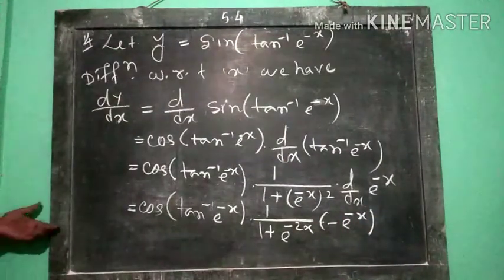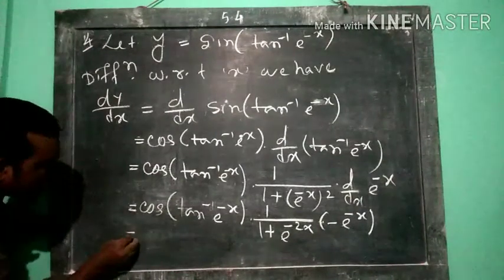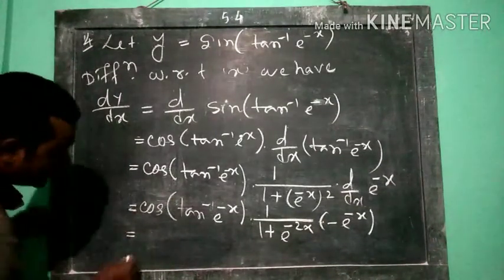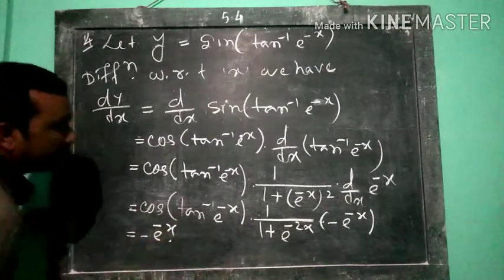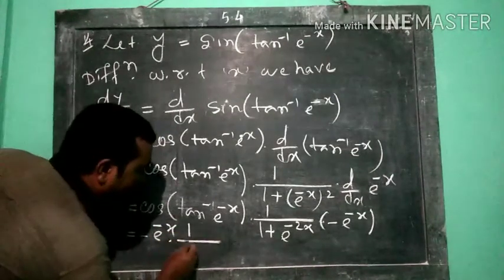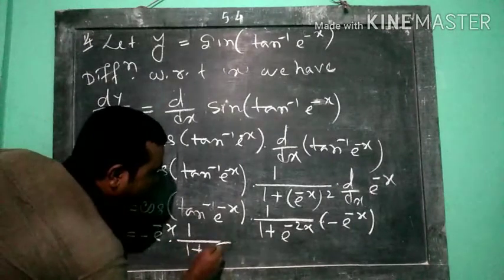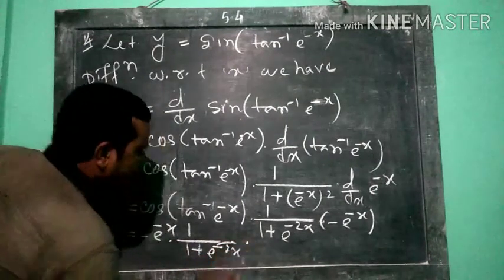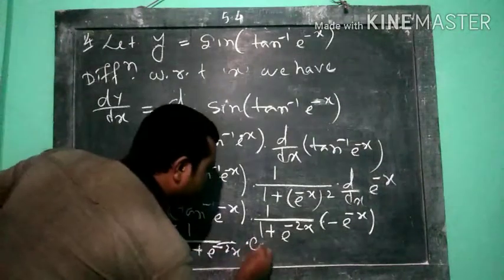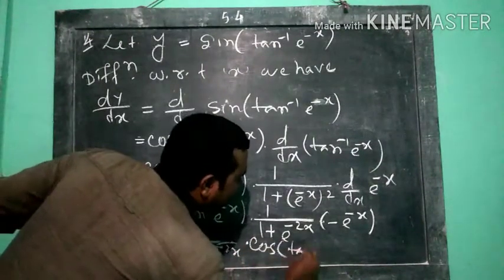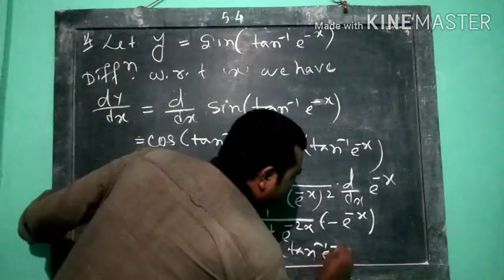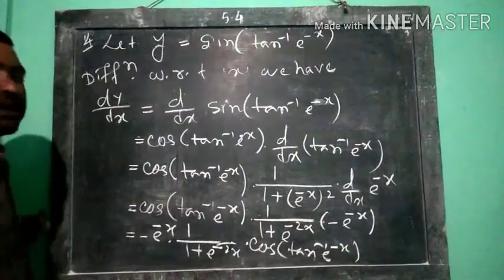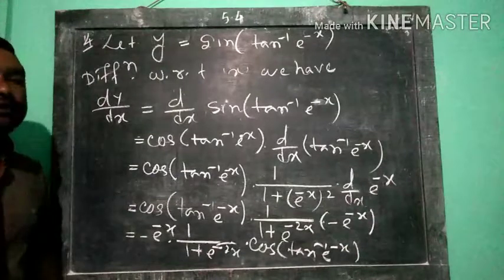So the final answer is minus e to the power minus x into 1 by 1 plus e to the power minus 2x, into cos of tan inverse e to the power minus x. This is the answer.